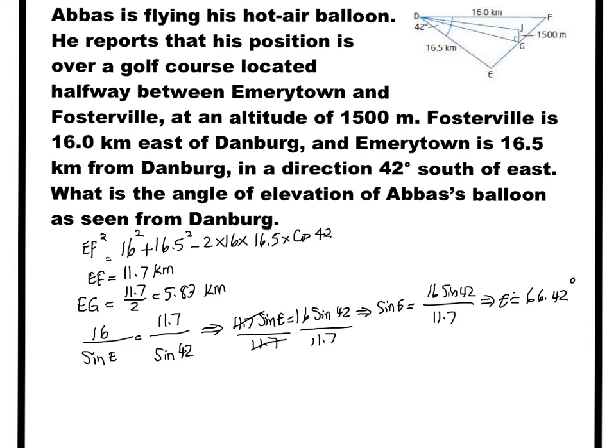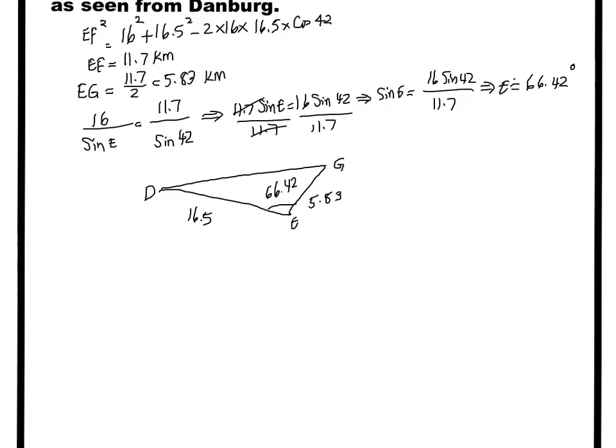Now, knowing the angle E to be 66.42, if I redraw the triangle DEG with the angle E to be 66.42, side EG to be 5.83 and side DE to be 16.5 kilometers, I can use cosine law to find the side DG.